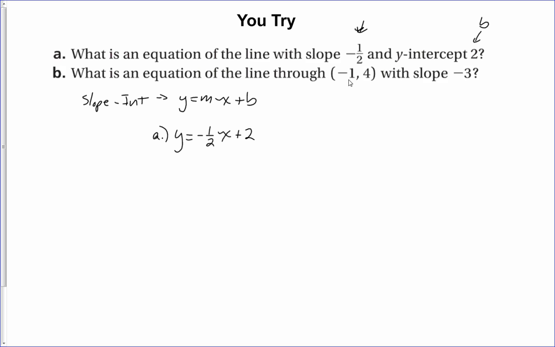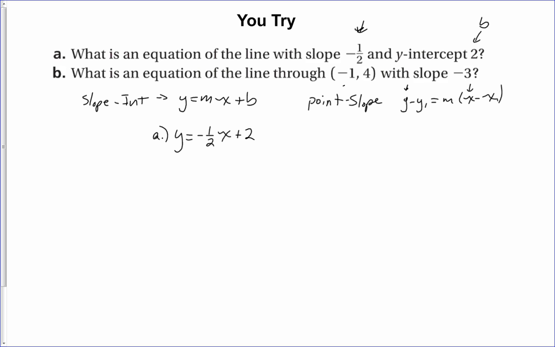Now for B, since we have a point and a slope, we're going to use point-slope form, which is y minus y1 equals m times x minus x1. Remember, this first y and this first x are always going to stay in this equation. You can't get rid of those either.